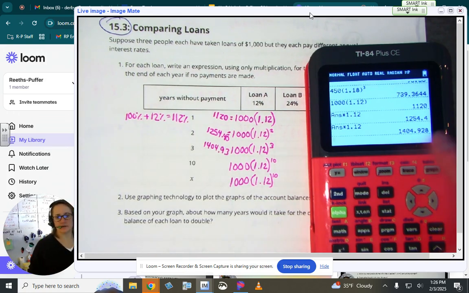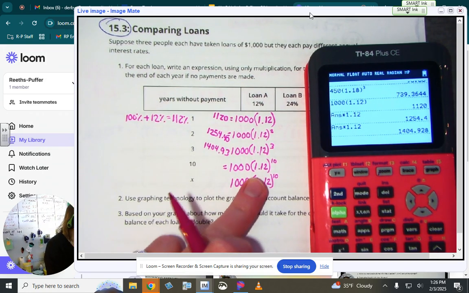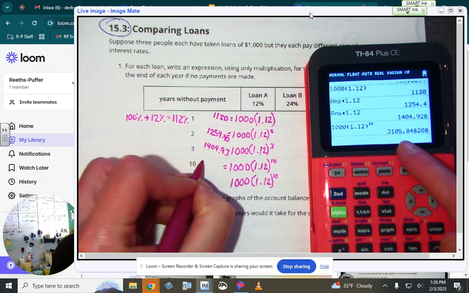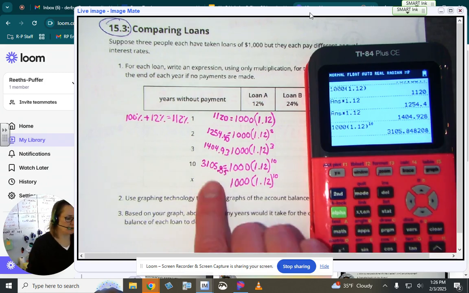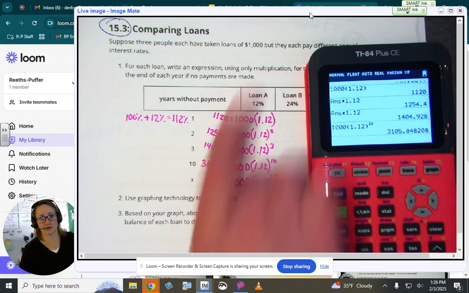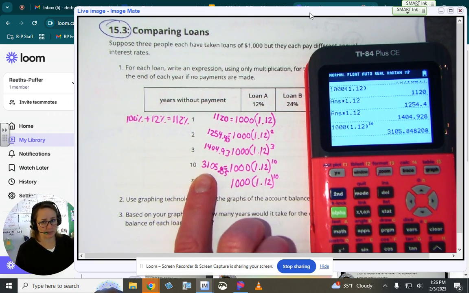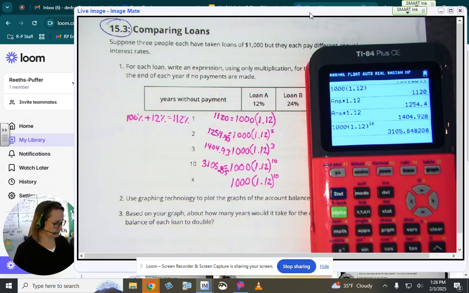I'm going to round it to 2 decimal places because it's money. And now I'm going to calculate this because it jumps to 10 years. So if this person makes no payments, their $1,000 loan 10 years later is more than triple. And that's the person with the best loan rate.